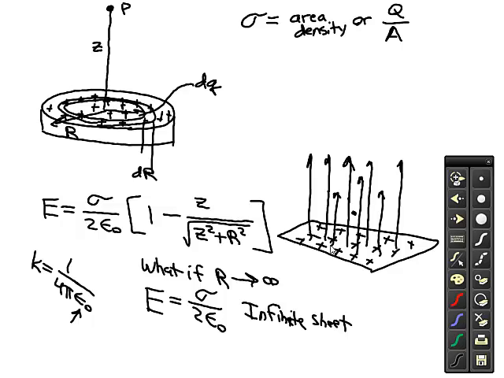So what's kind of weird about this equation is if R gets really, really big, you get this result. If Z gets really, really small, okay, you go down to Ant-Man size and you say, hey, I'm a 15th of a millimeter above this thing, it starts looking like an infinite sheet again. So it's kind of funny. It's a scaling thing.